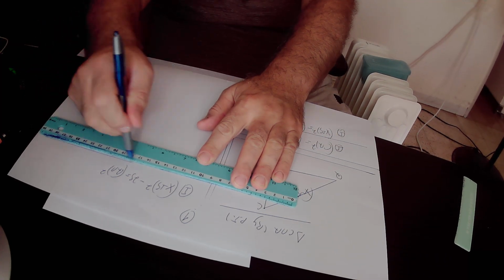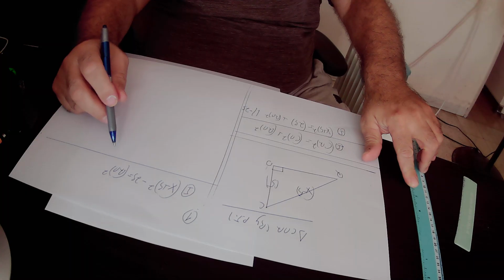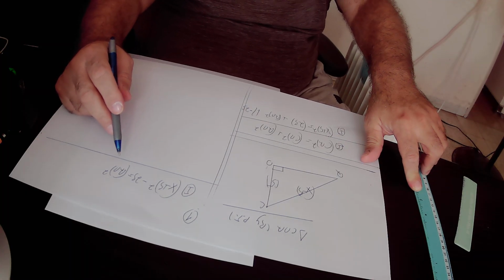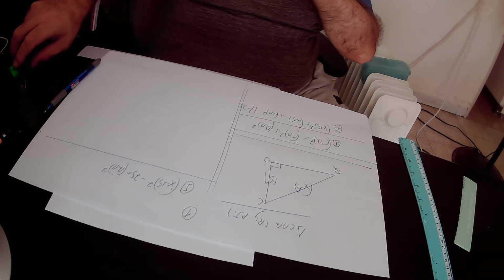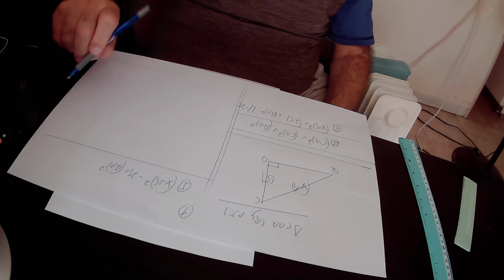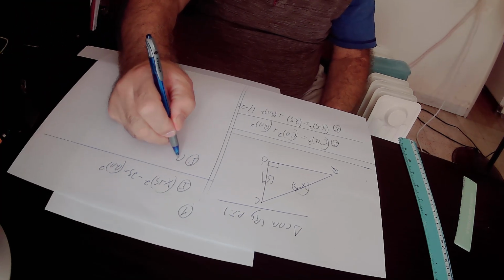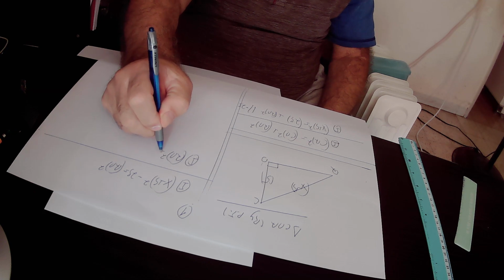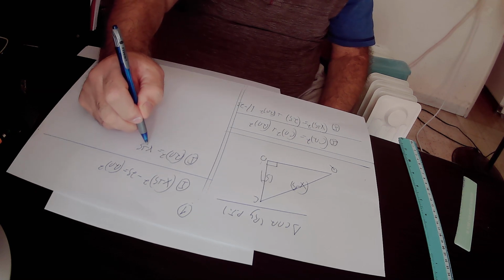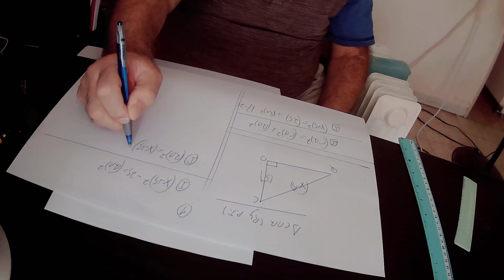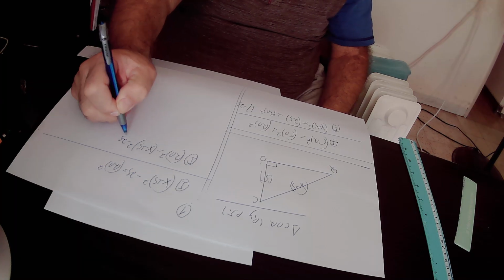And again, according to equation 1, QO squared equals (x plus 5) squared minus 25.